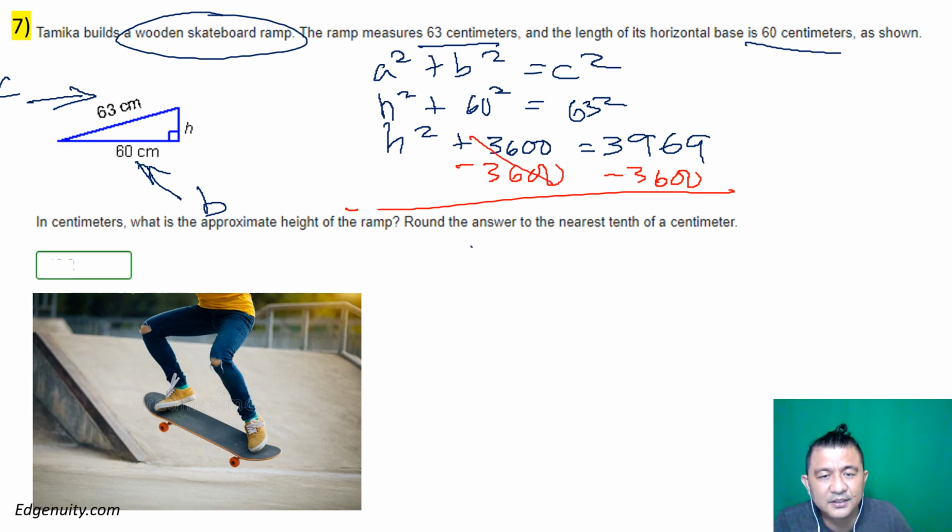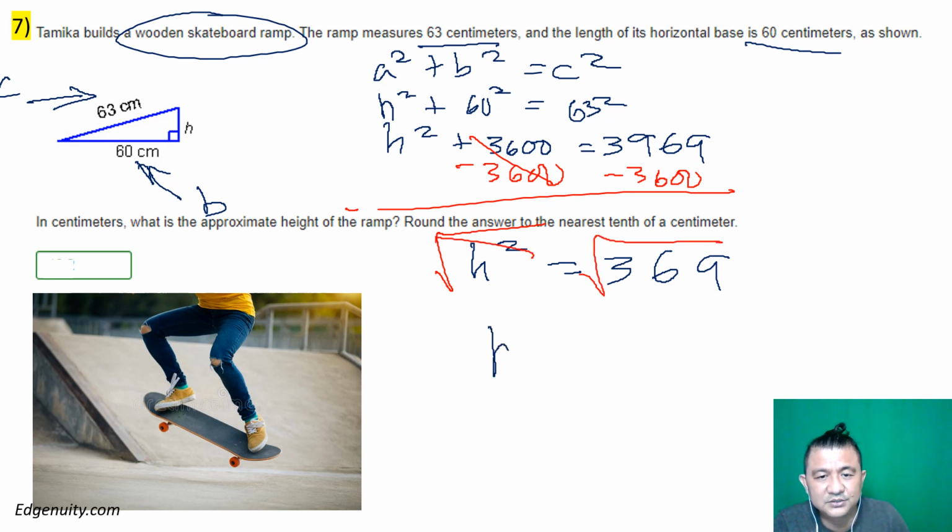And then H squared is equal to, so let me subtract first, 369. I need to get rid of the square. Square root to the left, square root to the right. That cancels out. Therefore, H is alone. I could use my calculator.